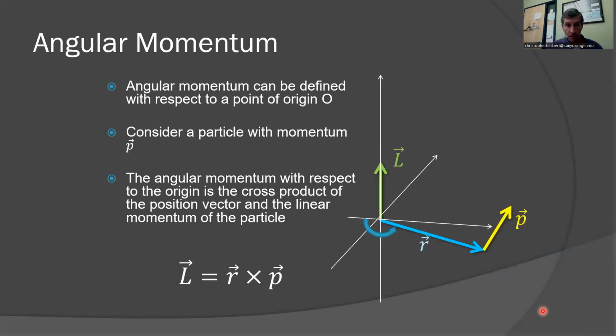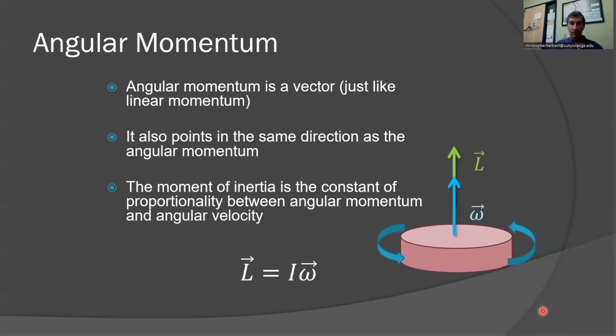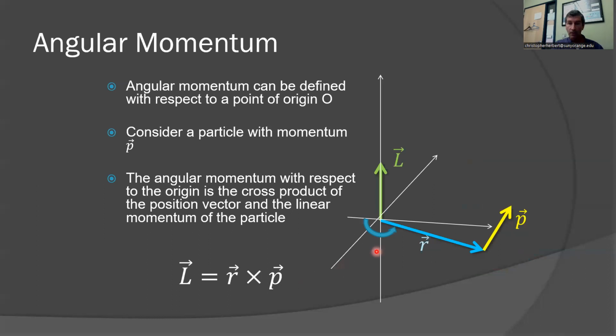We've already said that we can express the angular momentum if we know the moment of inertia and the angular velocity. We can also get this from our linear quantities if we say that the angular momentum is r cross p.